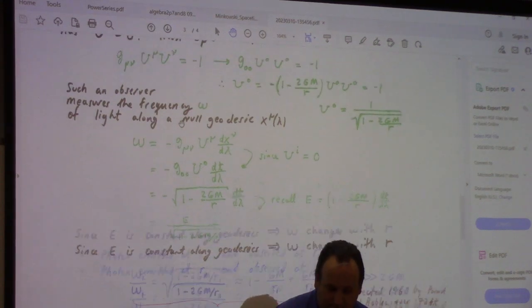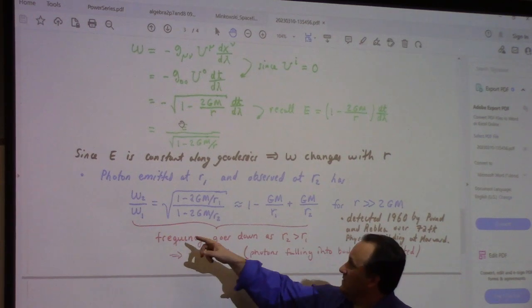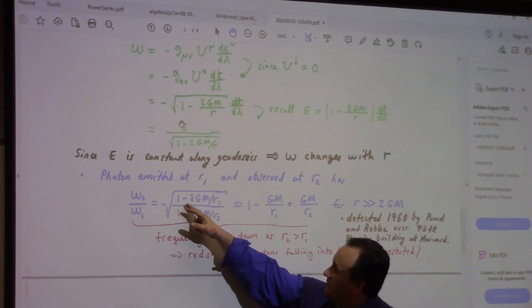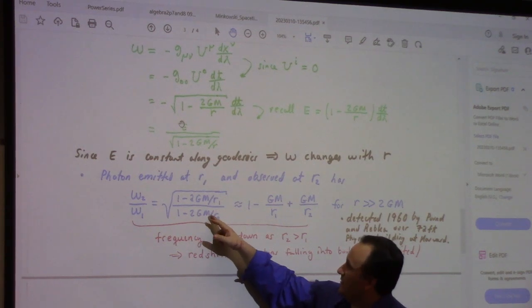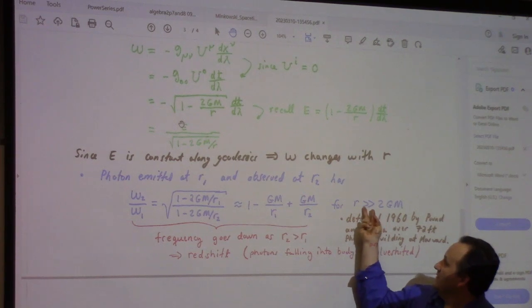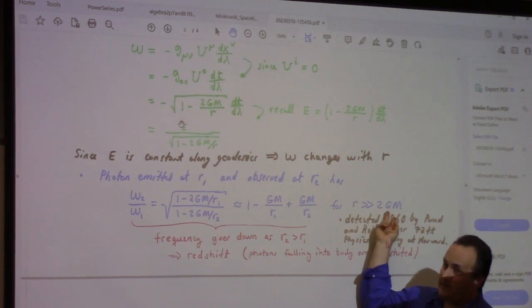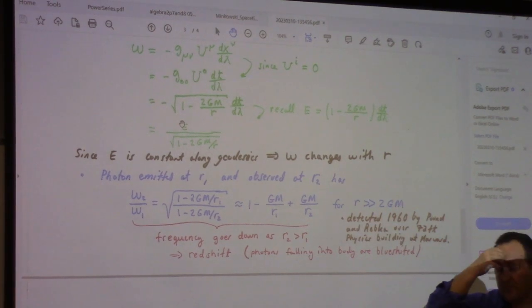Here's the formula. You calculate the ratio of the frequencies. It ends up being the square root of 1 minus 2GM over r1 and 1 minus 2GM over r2, which approximately is this. If we're away from the event horizon, this is the event horizon, r equals 2GM.